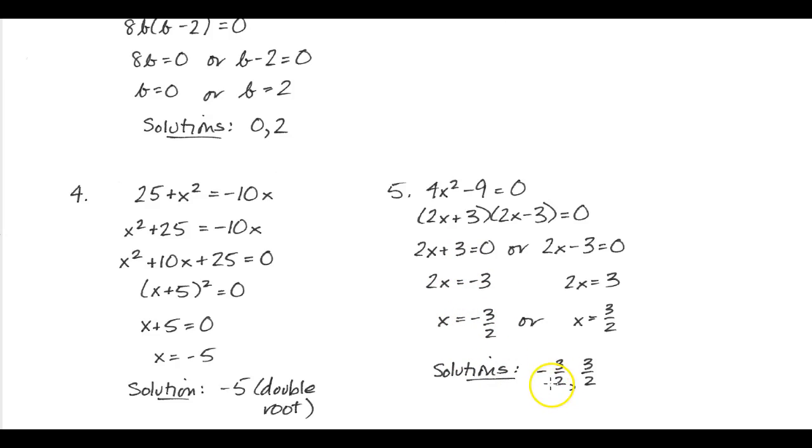So we get negative 3/2 as a solution. And to the right of the or, we can divide both sides by 2, and we get 3/2 as a solution. So differences of two squares give us that idea that we get a negative root and a positive root when we factor those. And so we'll also work with that idea when we look at other ways of solving these types of equations as well.